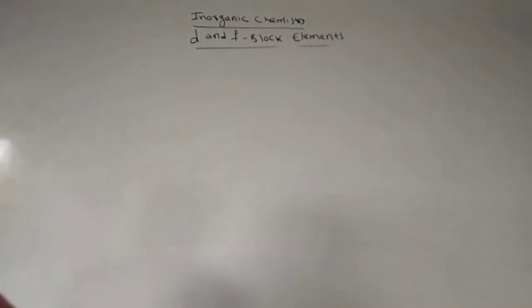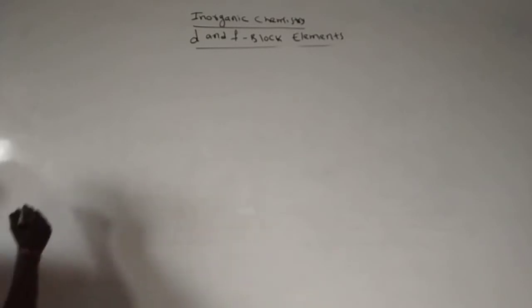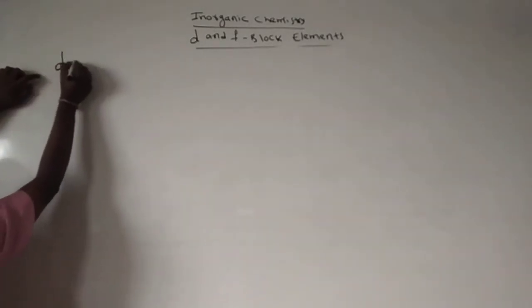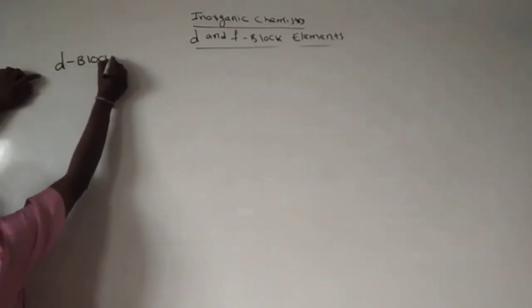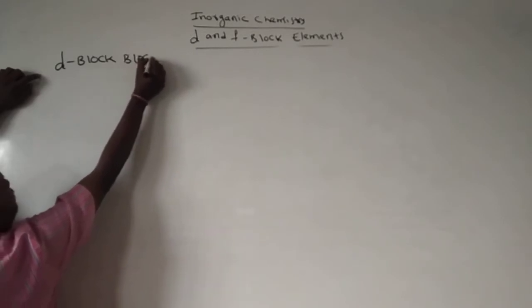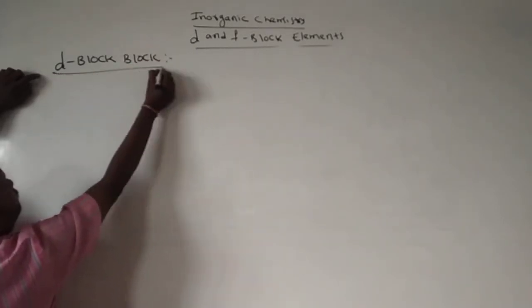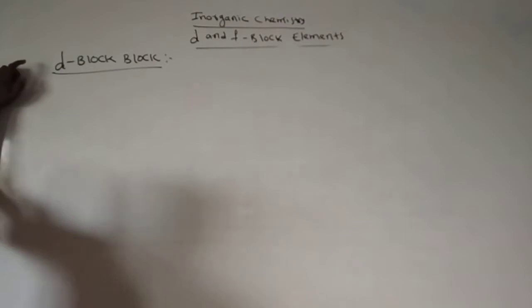First we'll see the d-block elements, and after that the f-block elements. First we'll explain the general electronic configuration of d-block and f-block elements.